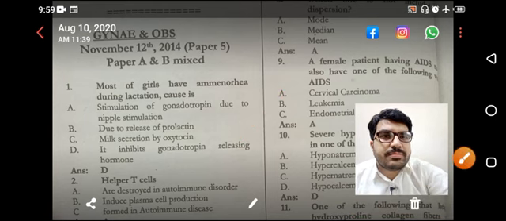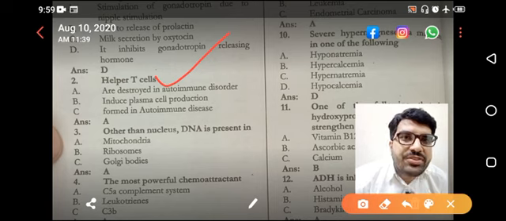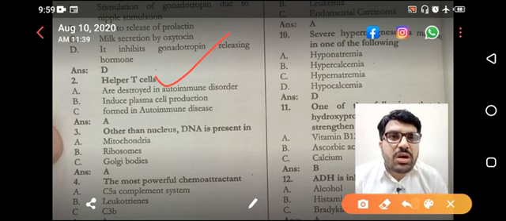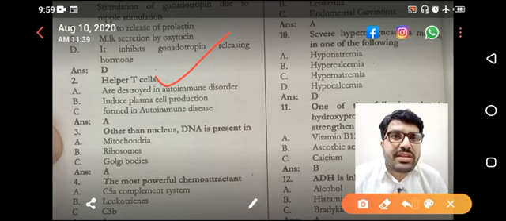Coming next, the helper T cells. The actual option is missing: they release cytokines. The helper T cells, or the T cells, actually release cytokines. Now we have the helper T cells and the cytotoxic T cells.